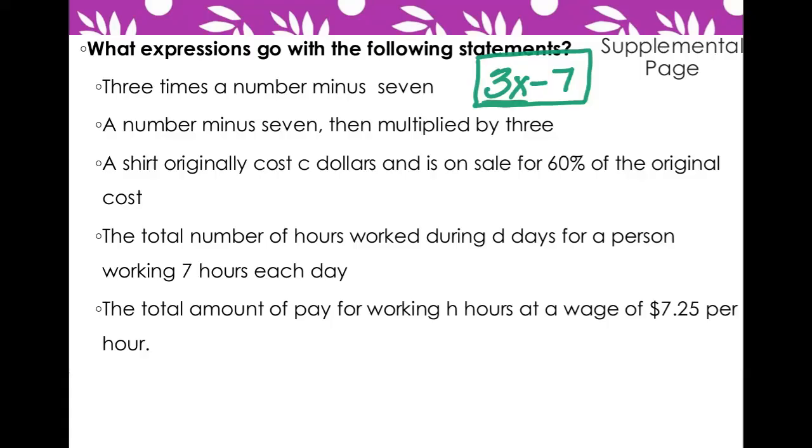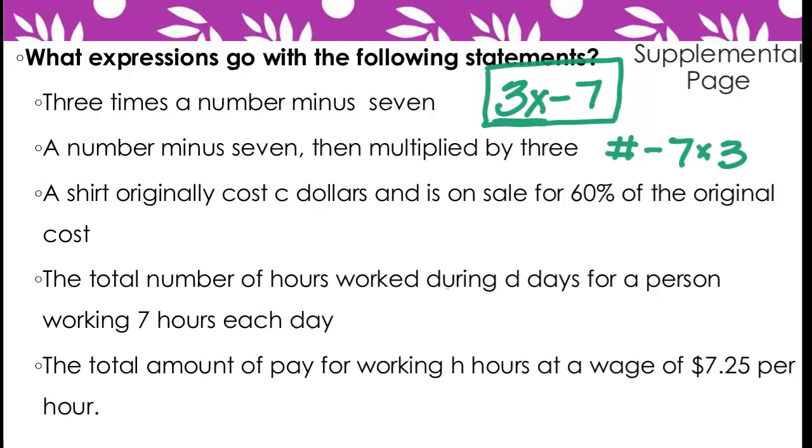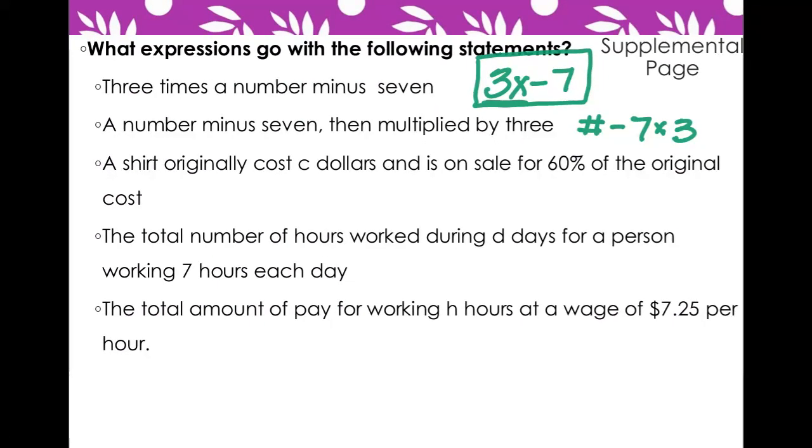Who's got the second one? Tori, what do you think? Number minus 7, and then what? How'd you do times 3, specifically? Like this? Okay. So a number minus 7, then multiplied by 3. What do you think of that?